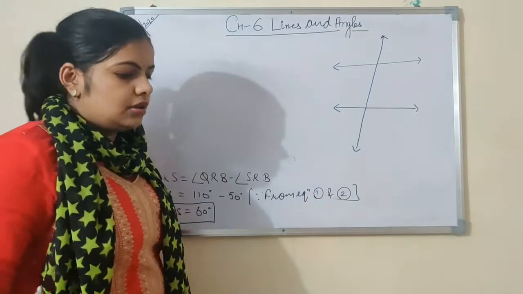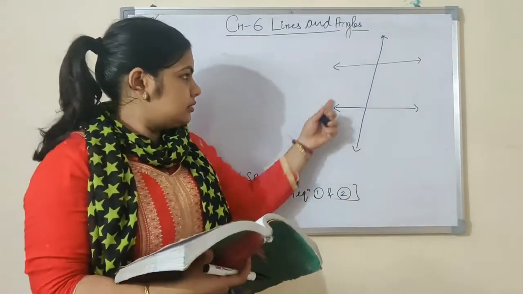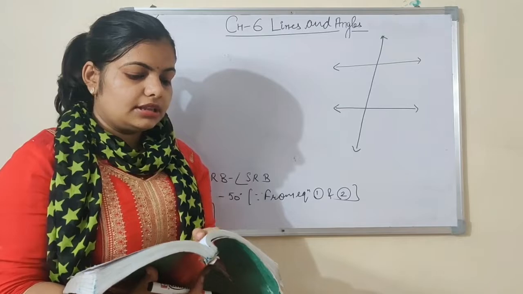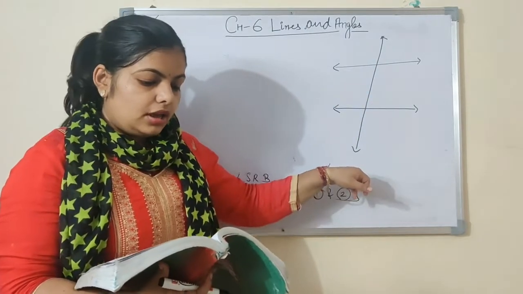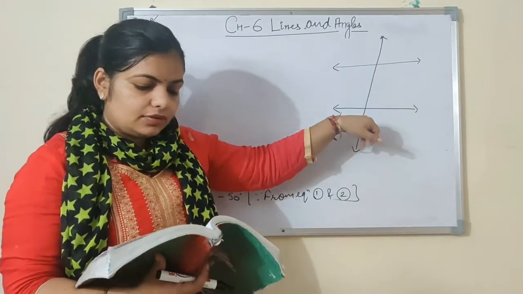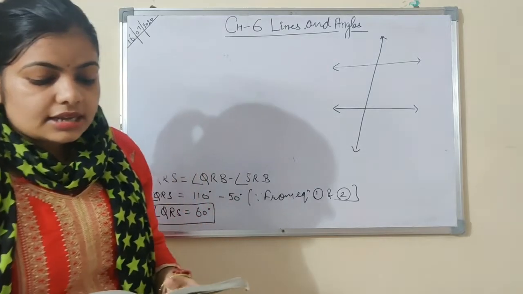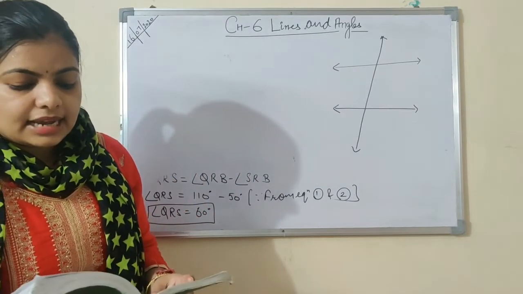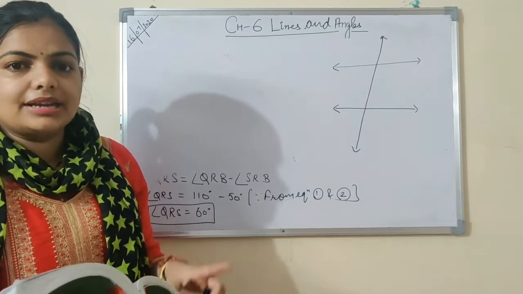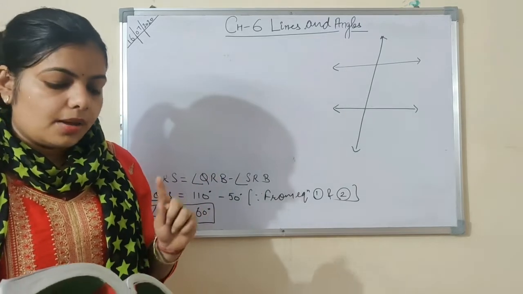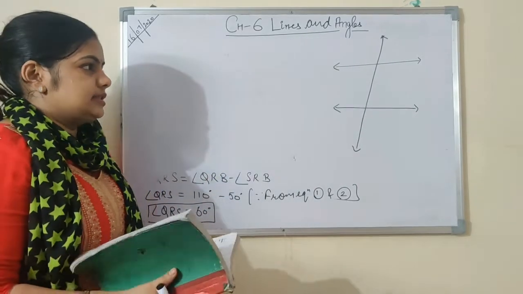Is this clear? As in the question, it was written that if a transversal intersects two lines, such that the bisectors of a pair of corresponding angles.